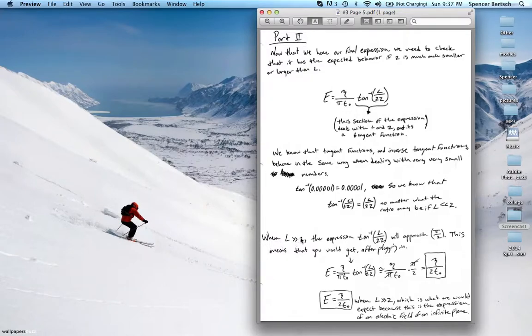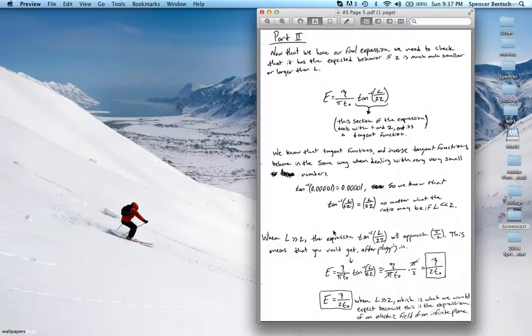When L is a lot larger than Z, the expression will approach, if you make a graph of the tangent function, it's asymptotic to pi over 2. It goes up and up to infinity.